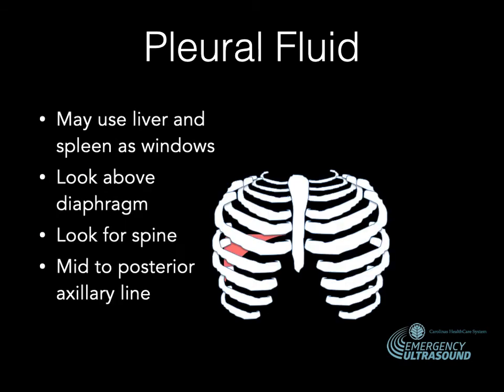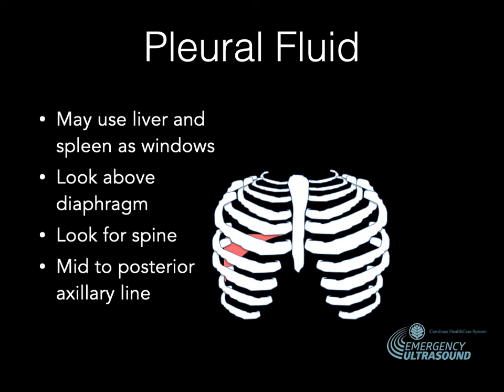So for pleural fluid, we want to use the liver and spleen as our windows, and we want to look above the diaphragm. We want to look for the spine sign, so looking for the spine above the diaphragm, and look mid to posterior axillary line. With a pleural effusion, the ultrasound beams will travel through the fluid, allowing you to see the vertebral bodies.